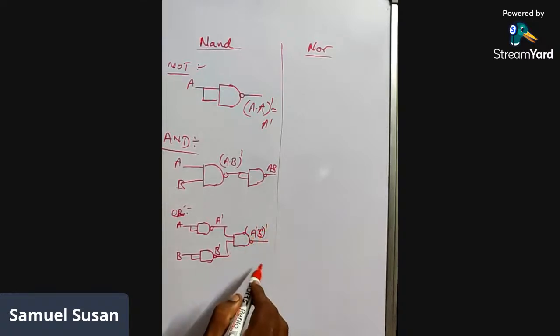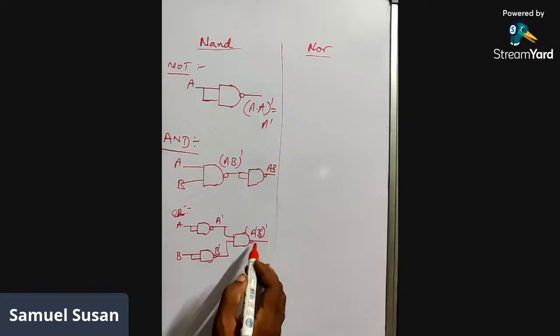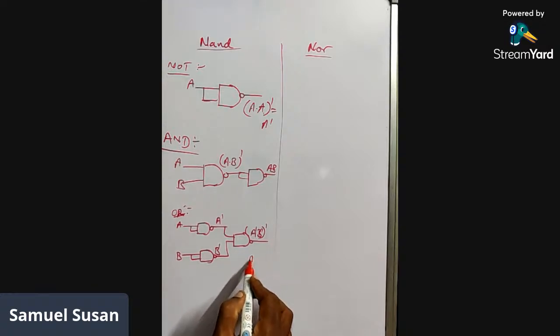Using De Morgan's law, which is why we call De Morgan's law very important, this generates A plus B, because (A dash dot B dash) whole dash is A plus B according to De Morgan's law.